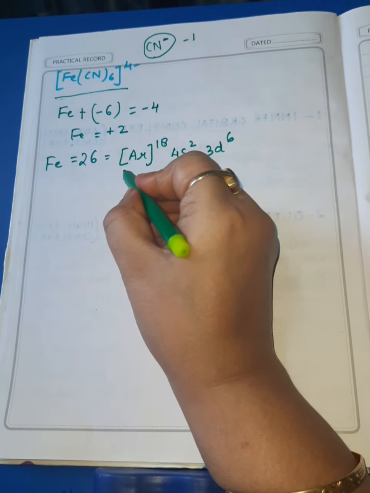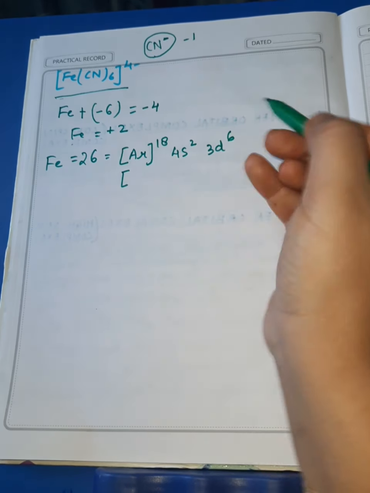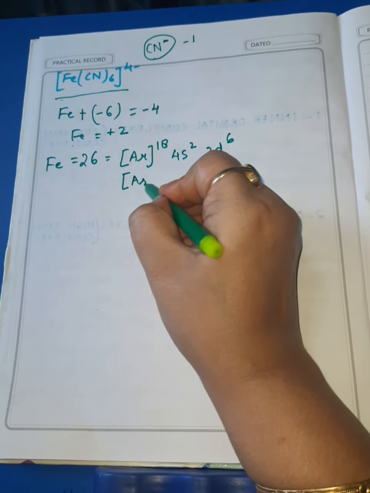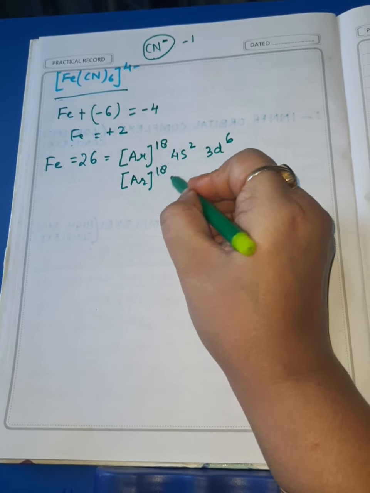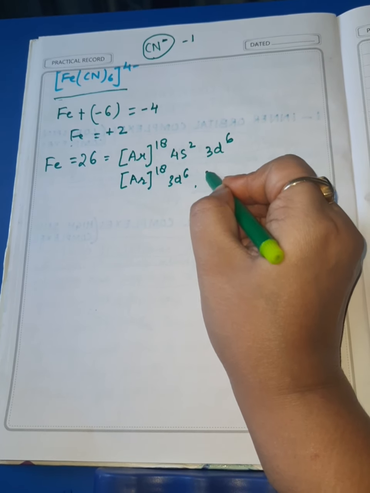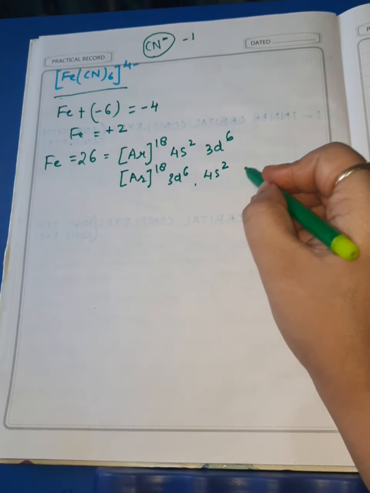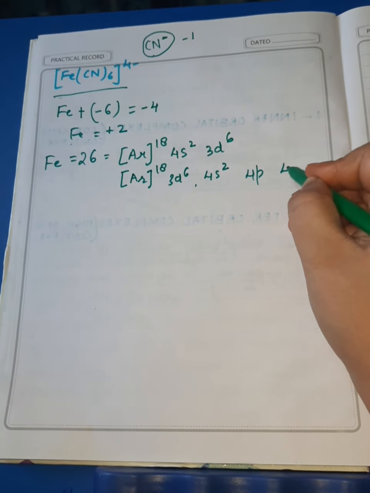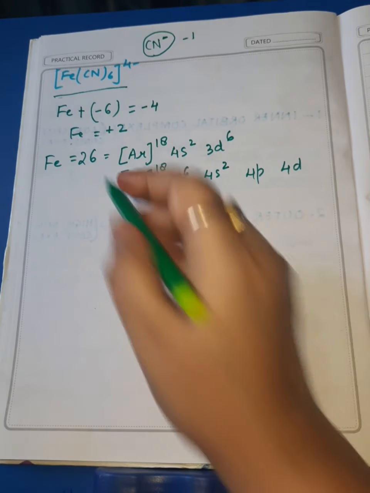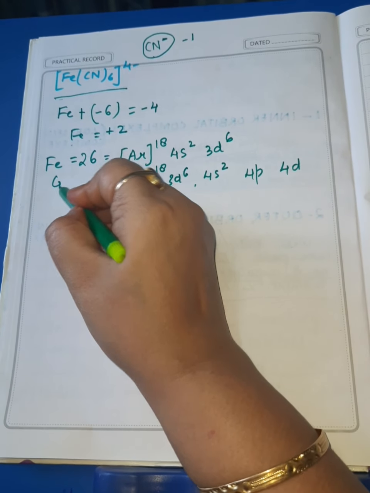We will arrange it according to the shells: argon 18, 3d6 and outermost shell 4s2. Clear? So 4p and 4d are vacant. This is the ground state.